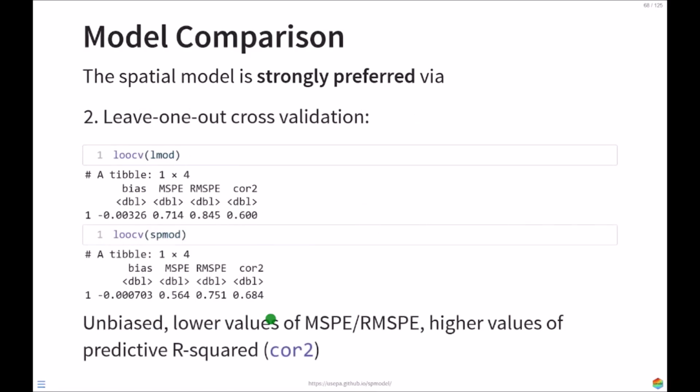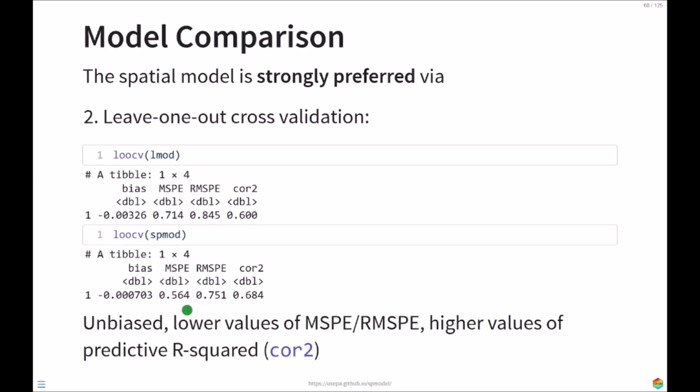Second, the spatial model is strongly preferred via leave one out cross-validation. So back at the start, we talked about leave one out cross-validation being this sort of hold out, leave one out approach to evaluate predictive capacity of the model. For the non-spatial and the spatial linear models, both are unbiased, so they get it correct on average, which is good.